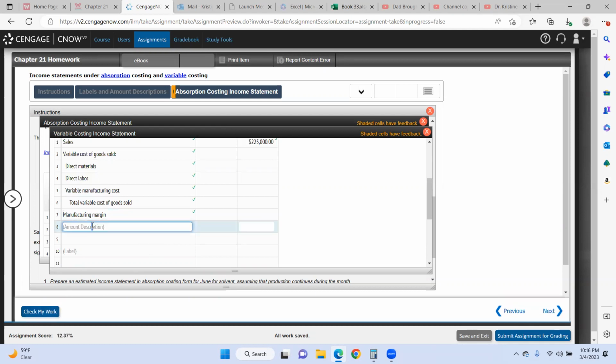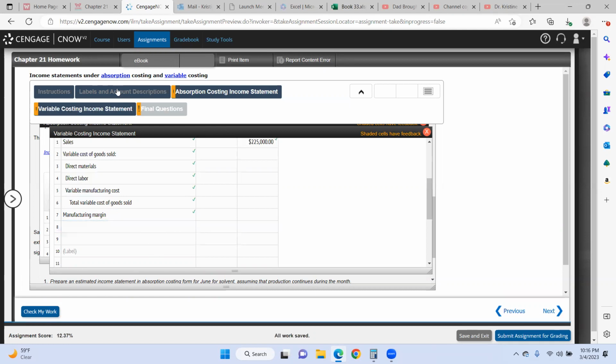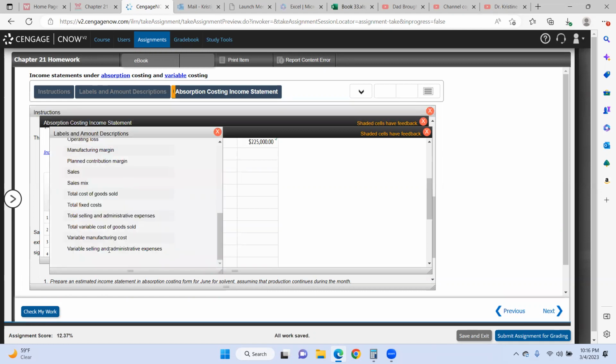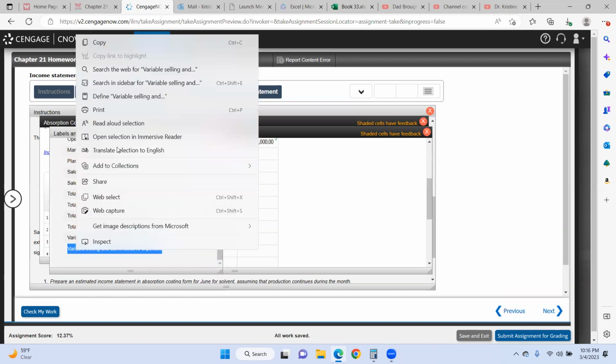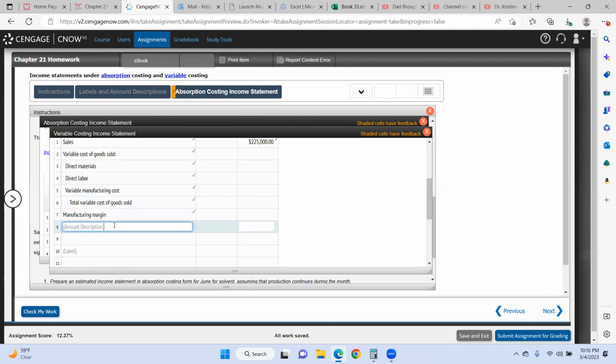Then after this, we are going to be putting our variable selling and admin. And then this should be a contribution margin. I like to call it a man margin just because it's easier for me to write on the board. Contribution margin. Doesn't help when you spell it wrong.